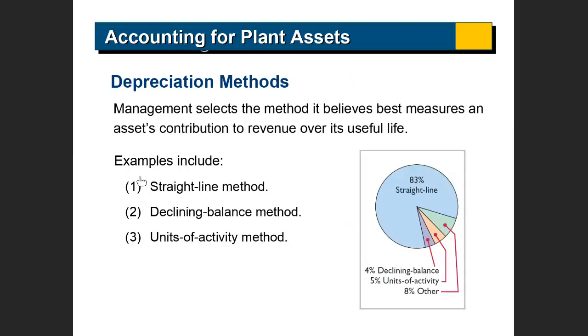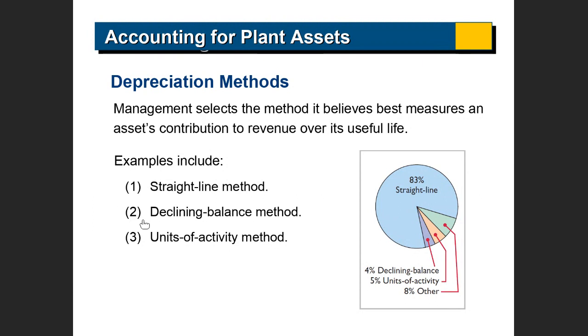There are different methods of depreciating. Straight line is the most popular one. As you can see, more than 80% of the companies use that. It's easy to calculate and it's the most popular. Then you have something called declining balance.